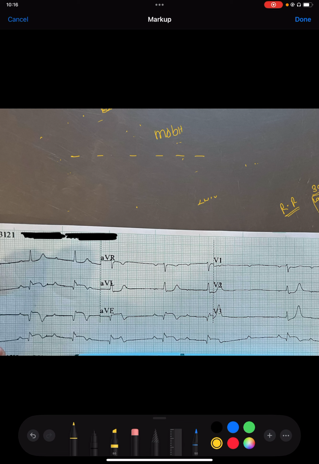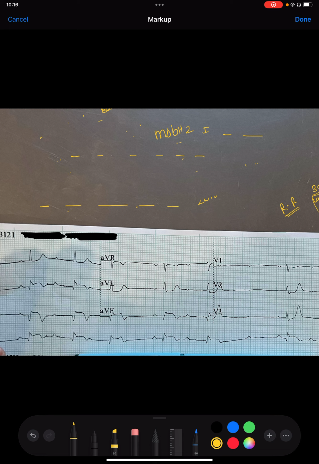So in Mobitz 1, there is gradual prolongation of PR. The distance between P and the QRS complex keeps on increasing. So the PR distance can be like this, then this, and then suddenly you get a drop. There will not be any QRS.